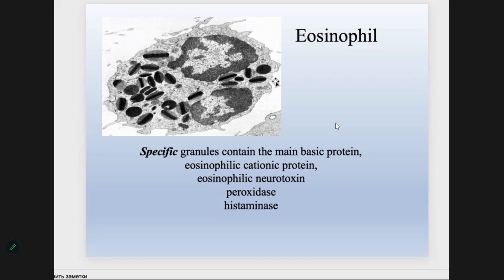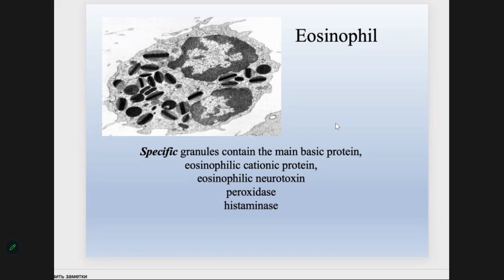By these substances, eosinophils decrease the early allergic response and also destroy parasites. The main function is antiparasitic, protection against parasites, and also decreasing allergic inflammation.